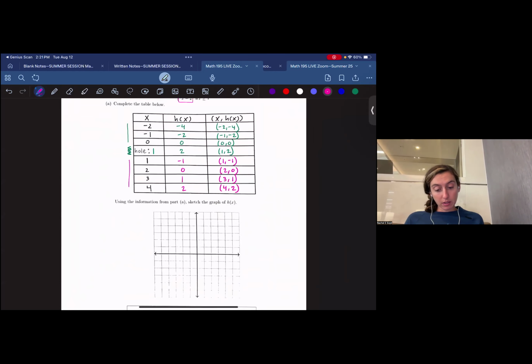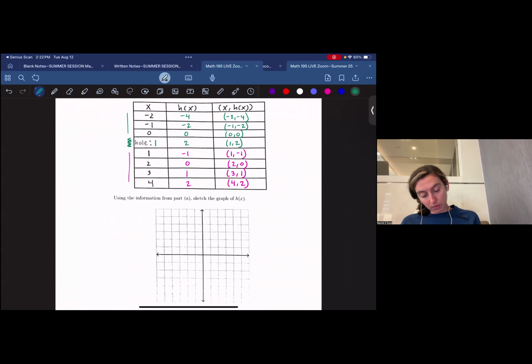Last but not least, let's just plot these points. So negative 2 comma negative 4. We have negative 1 comma negative 2. We have 0, 0. We have an open circle at 1 comma 2.